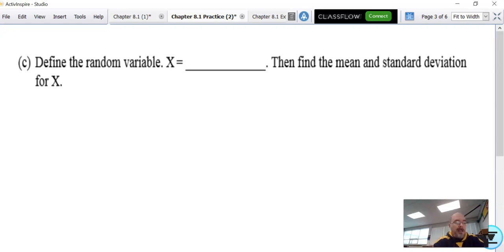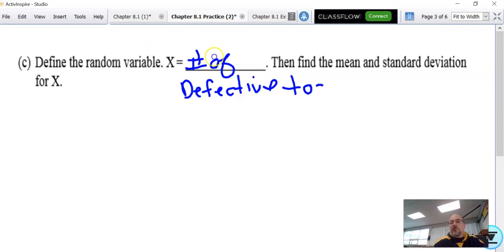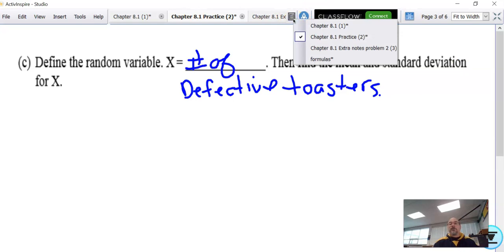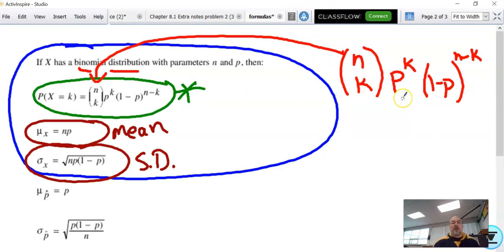We already did that. That's the number of defective toasters. Now, the mean and the standard deviation. I didn't show those to you yet. Let's go to the formula chart. Here's the mean, ladies and gentlemen.